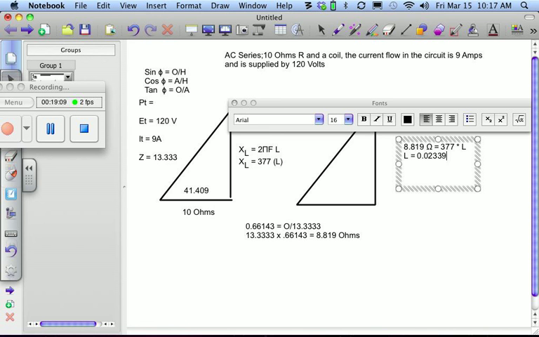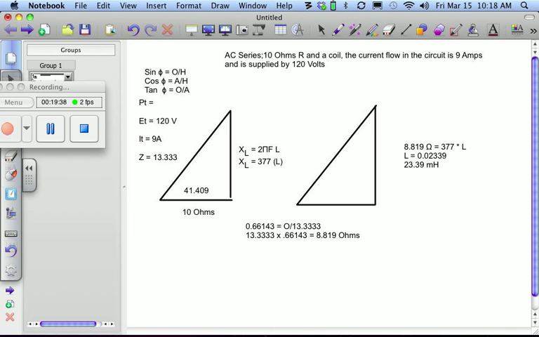And if we put this in proper engineering notation, we'll find that we have 23.39 millihenries, right? Everybody see that? Any questions now? Good deal. All right.